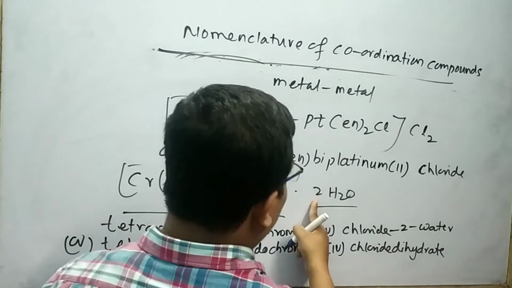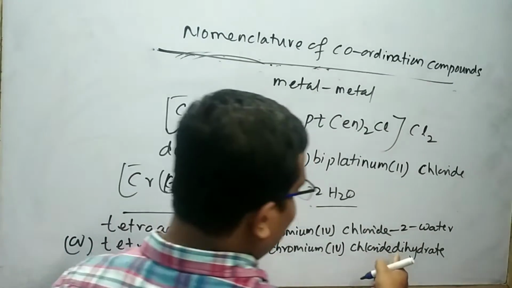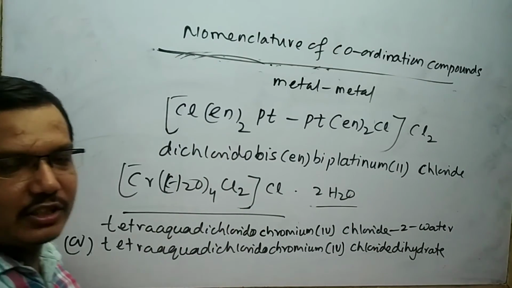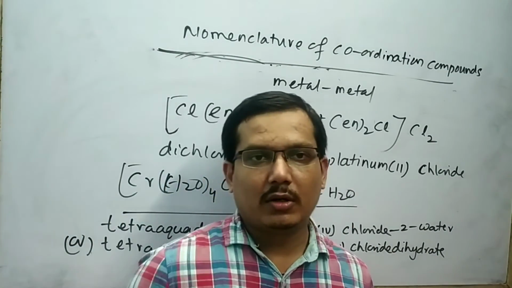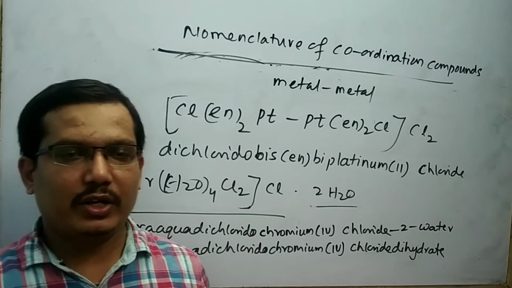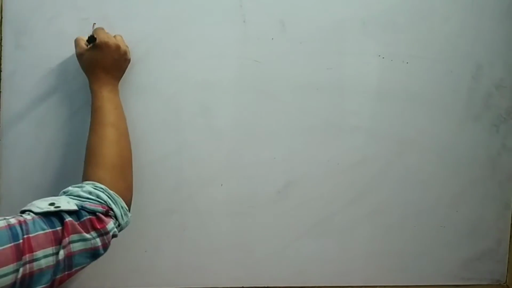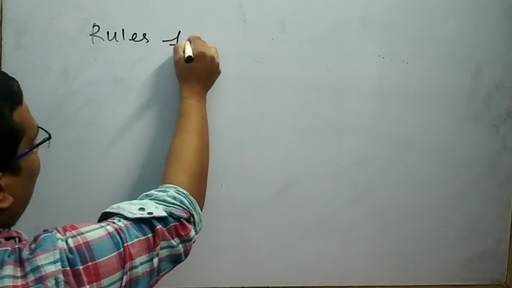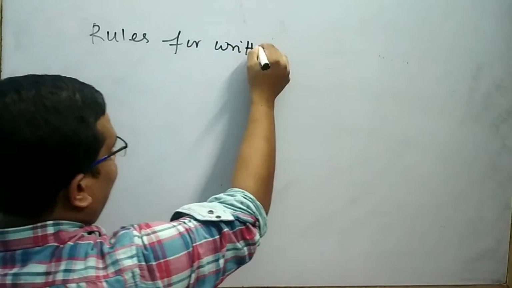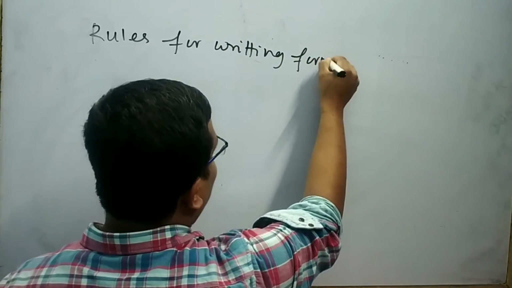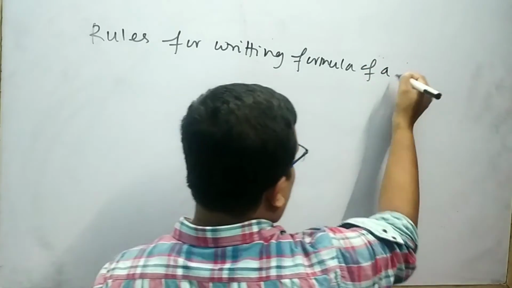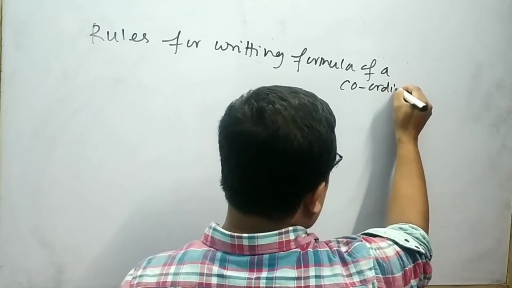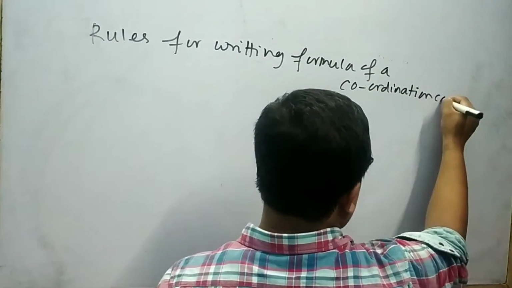If there is 1 water molecule present, then I can write monohydrate. This is all about the rules for naming a coordination compound. Next I will explain the rules for writing the formula of a coordination compound.